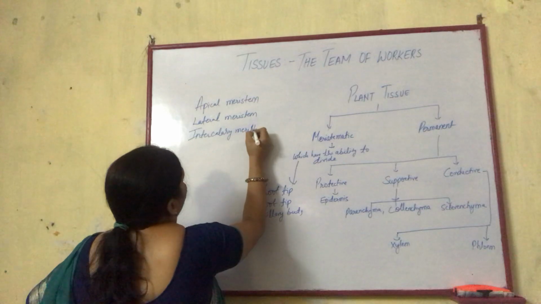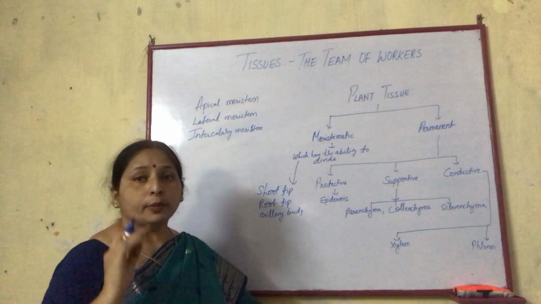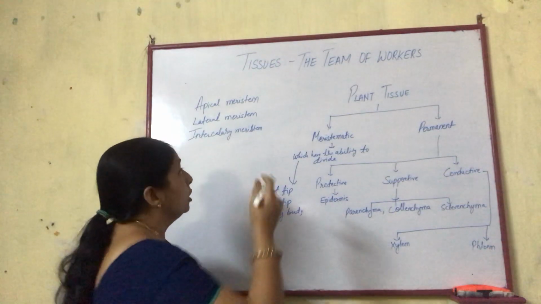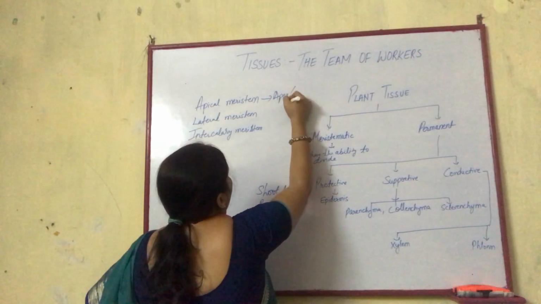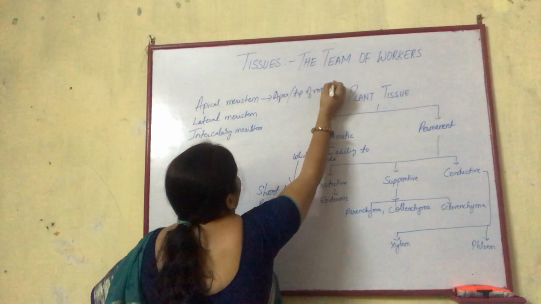Now the location where they are present. Apical meristems are present at the tip of the plant, whether it is root tip or shoot tip. So apex, or the tip of root or shoot.